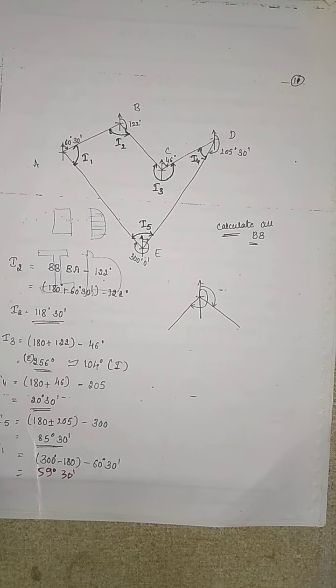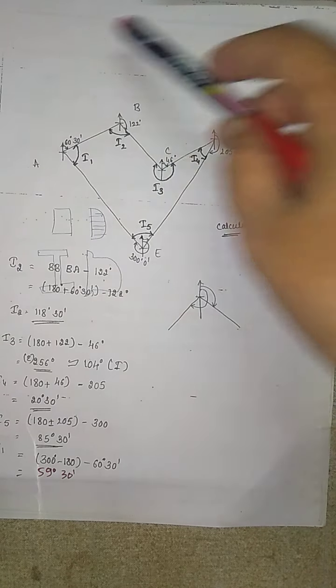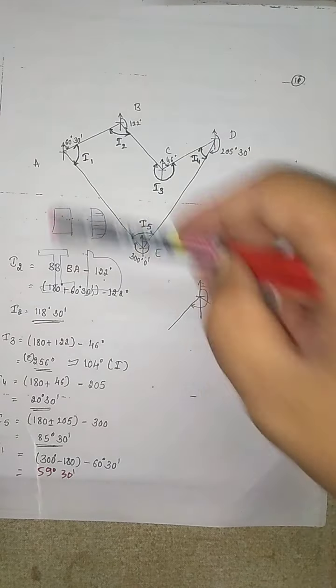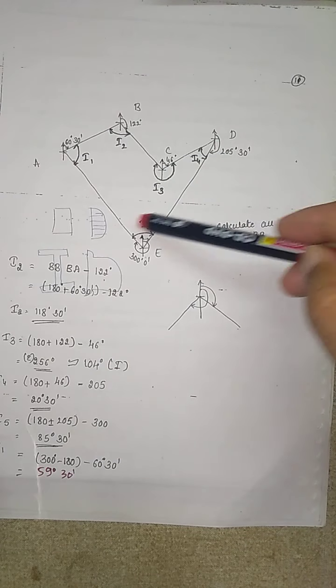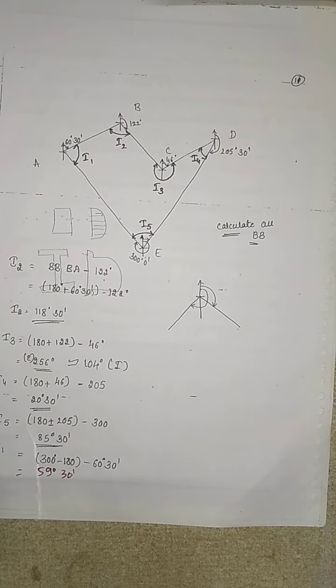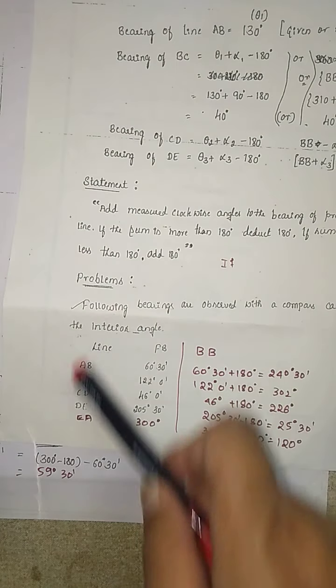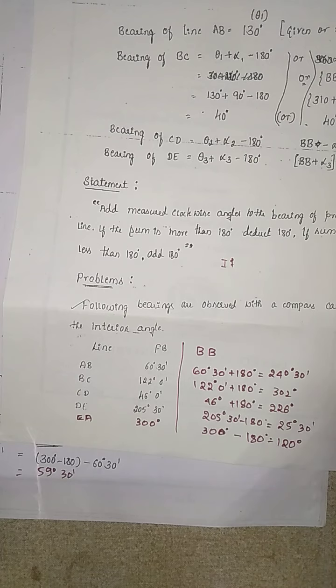Then what you need to find out is the included angle. Now what I have told you in the formula previously, since this is a clockwise traverse, from the angles you can get that it is a clockwise traverse. So according to these bearings, you need to draw the traverse.